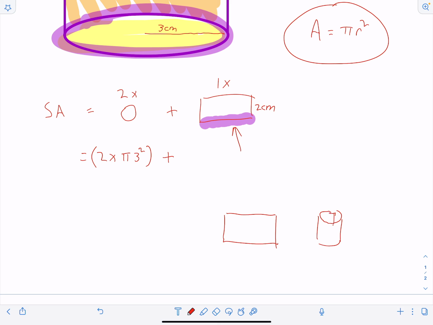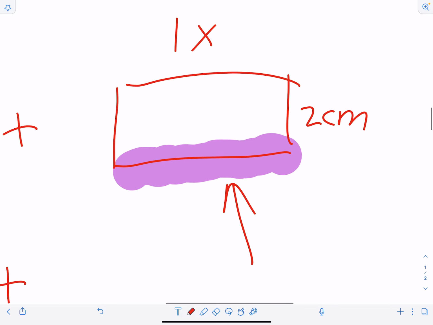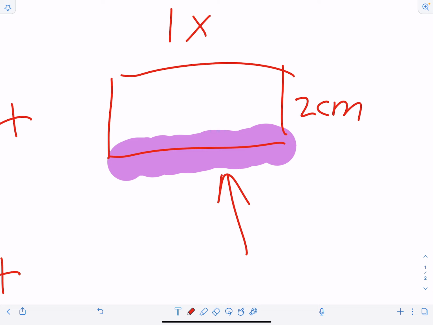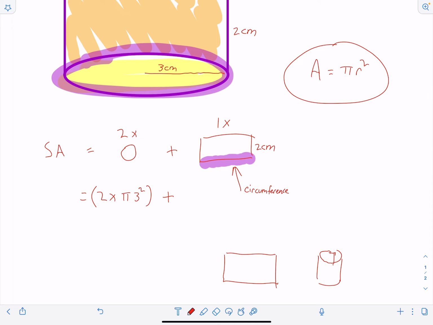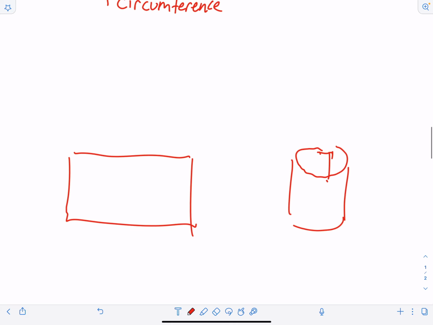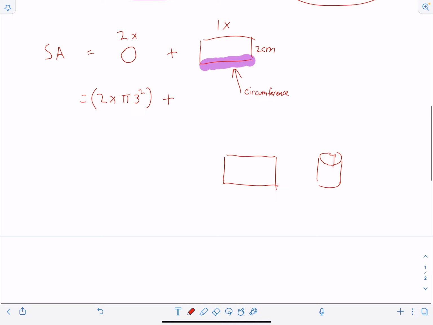What you'll notice if you unravel that again, is that that length, this one here, is actually the circumference of the circle. Sometimes some students will put that as the radius, or they may say it's the diameter, but when you think about it with an A4 piece of paper, rolling it up and then unrolling it, you'll see quite clearly it's the circumference of the circle.